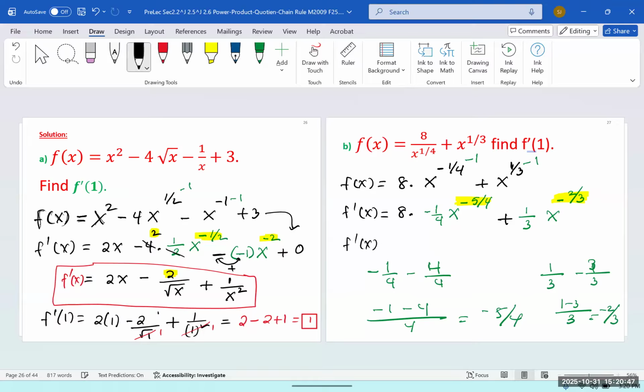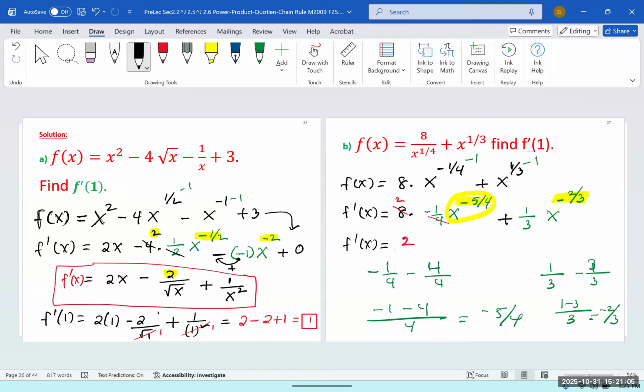The derivative at x, you can cancel 4 and 8. 4 goes to 8 twice, so you get 2 here. And then x to the entire thing here, it comes down.